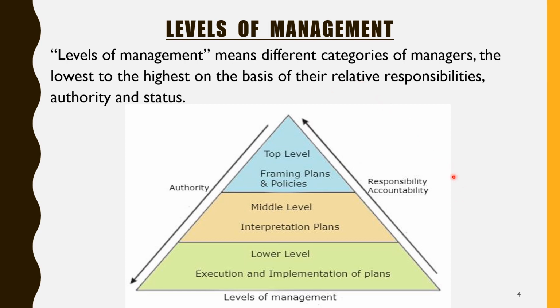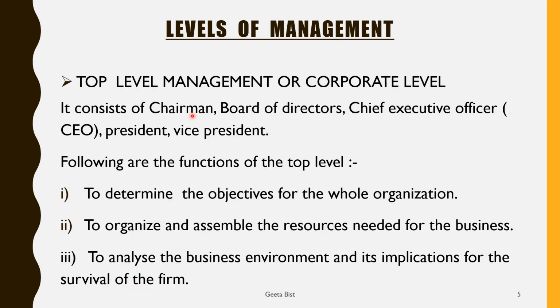Now, speaking of these three levels in particular, let me take you to the next slide. Let's now talk about top level management or corporate level. If you talk about the positions which are a part of top level management, they're basically chairman, board of directors, chief executive officers or CEO, president, vice president.